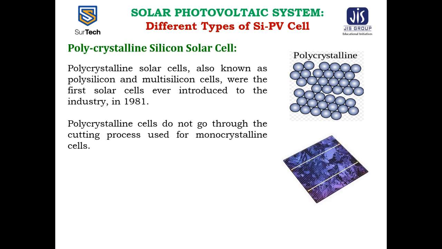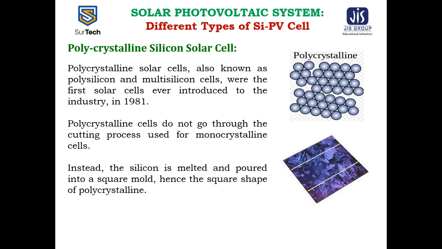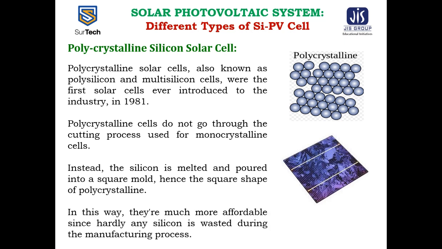Polycrystalline silicon solar cells do not go through the cutting process used for the monocrystalline cells. Instead, the silicon is melted, as to produce the monocrystalline silicon, and poured into a square mold, hence the square shape of the polycrystalline. In this way, they are much more affordable since hardly any silicon is wasted during the manufacturing process.